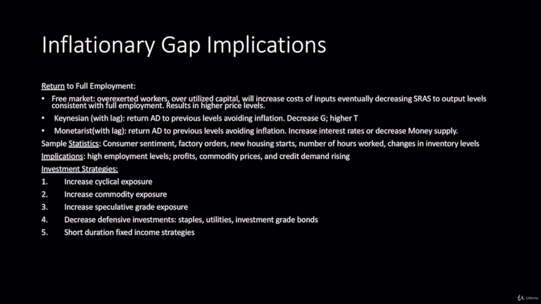And decrease your defensive exposures. And like before, we're going to focus on short duration fixed income strategies, which make us less sensitive to what we expect to happen, which is increasing interest rates, which sees bond prices fall. So shorter durations are less sensitive to the fall in the price.